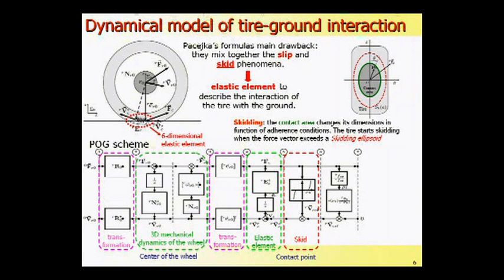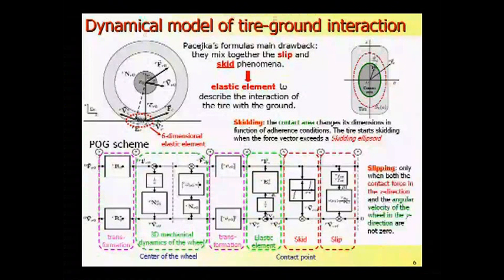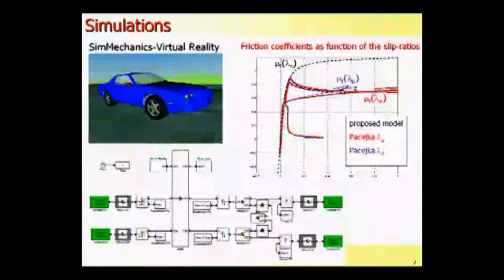That is the fact that if forces exceed a skidding ellipsoid, the contact area changes dimensions, and also adherence conditions change. While we consider in this way the slipping, that is the fact that the contact forces are kept into this skidding ellipsoid. We also made some simulations, in particular using MATLAB Simulink and SimMechanics.